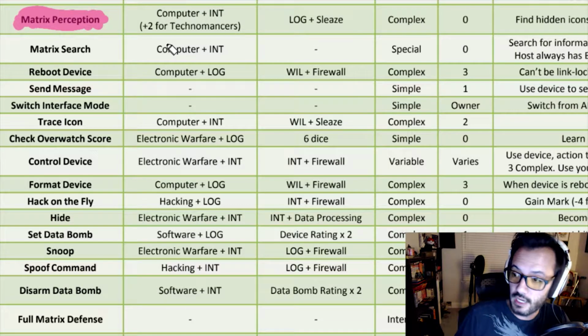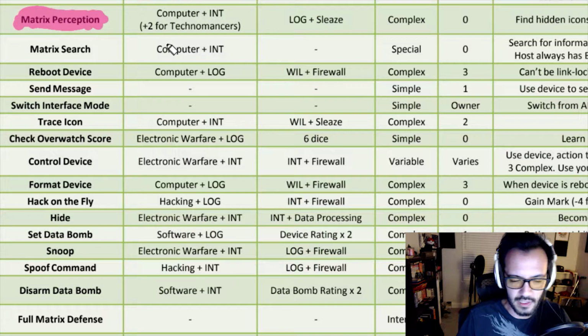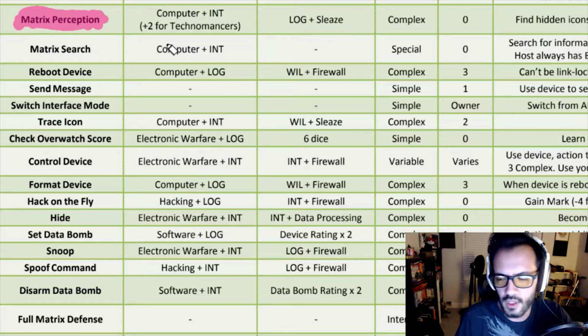If you're looking for hidden icons that are on, but they are in like a stealth mode, so they don't really get strong wireless bonuses, but they still exist, you can look for hidden devices if you so wish. Like, if you had a wireless gun, you'd probably have it hidden, more likely than not. You wouldn't want to broadcast out to the world that you have a gun on you.